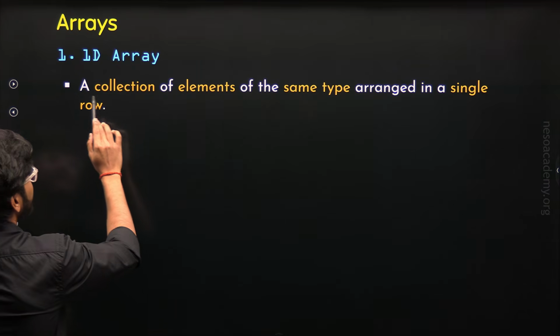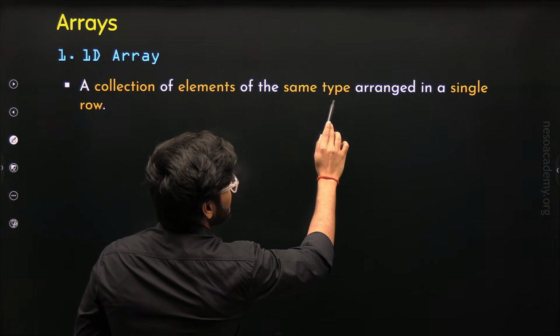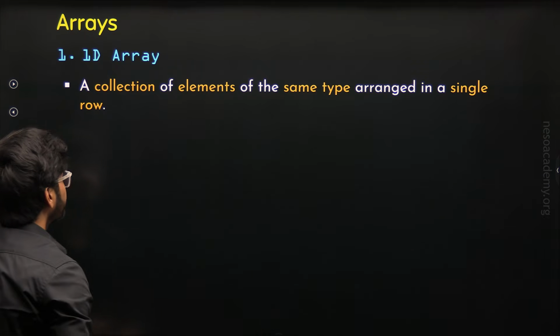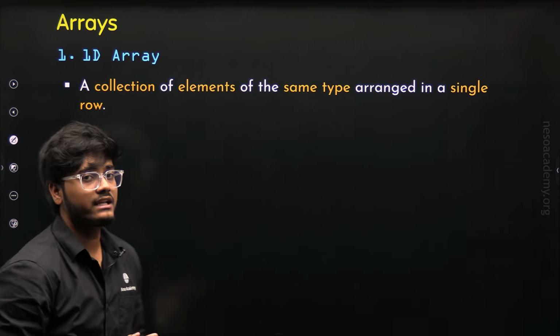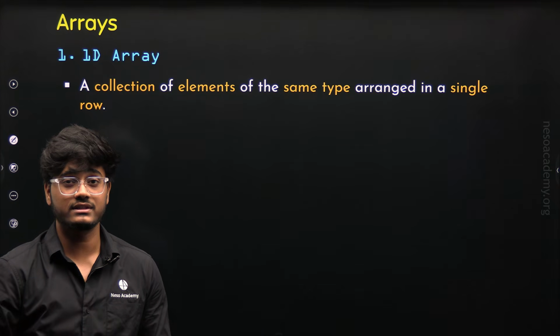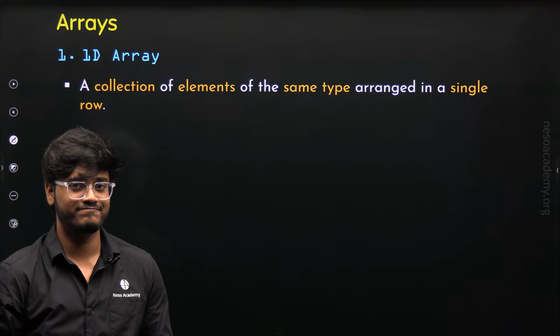So, 1D array is collection of elements of the same type arranged in a single row. Means one-dimensional array stores common data types but in a sequence, means in a single row like a straight line.